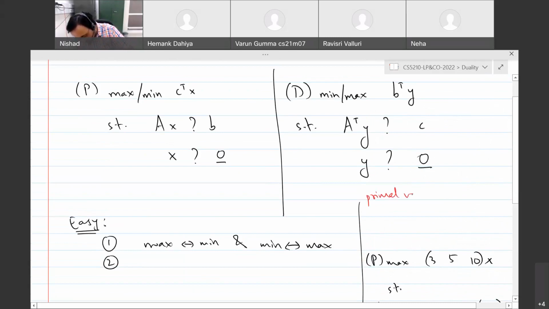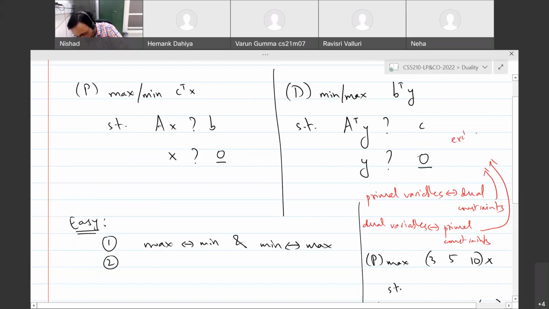Primal variables are in correspondence with dual constraints, and likewise dual variables are in correspondence with primal constraints. And here when we say constraints, we are excluding the greater than or equal to 0 and less than or equal to 0 constraints on the variables. Those are separate. Does that make sense?